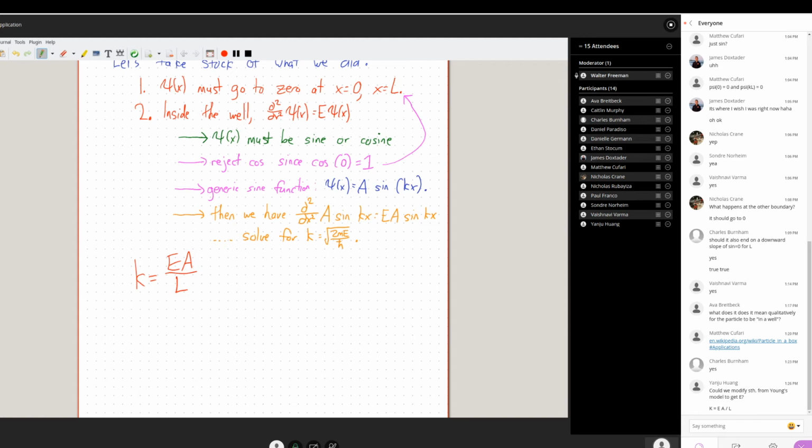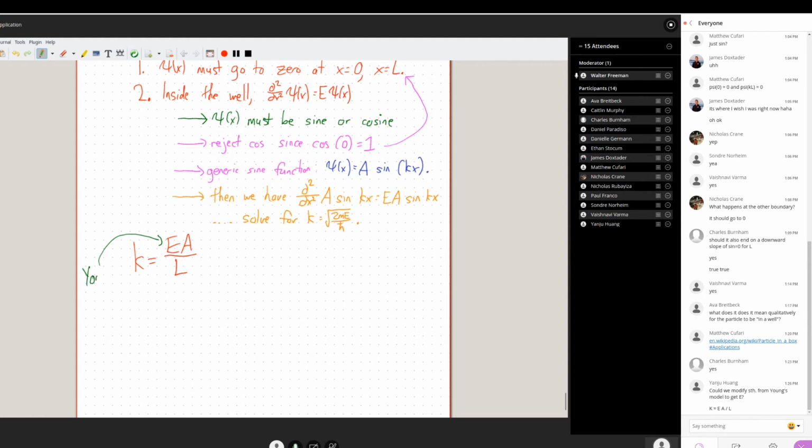When this equation came up before, E here was not energy, it was Young's modulus, which is related to the stiffness of a substance, and K here was not wave number, K here was the spring constant.